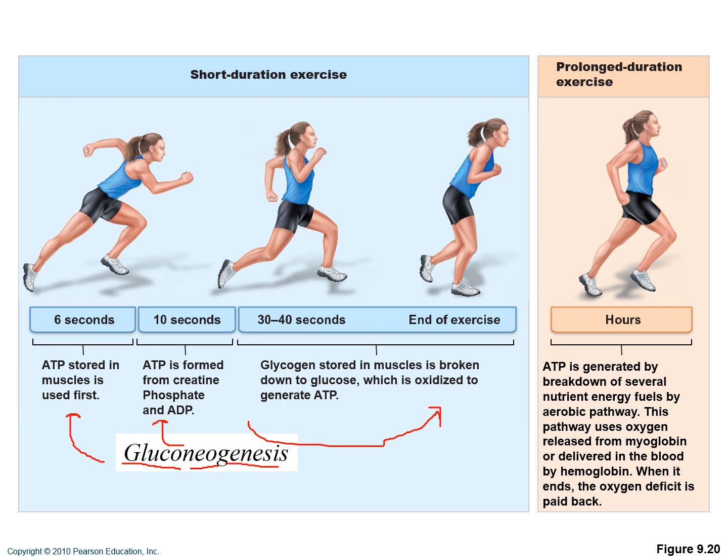So gluco refers to glucose, neo means new, and genesis means to make or the beginning. So this is going to provide glucose, and then that glucose gets oxidized in glycolysis. We make a little bit of ATP plus some lactic acid, and that lactic acid can then be made into pyruvic acid. So for short duration exercises of about a minute or so, this is where your ATP is coming from.